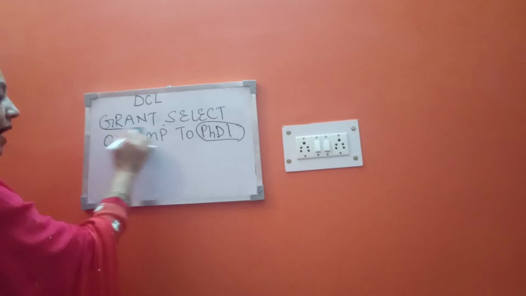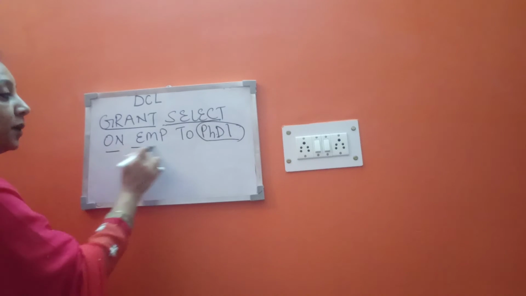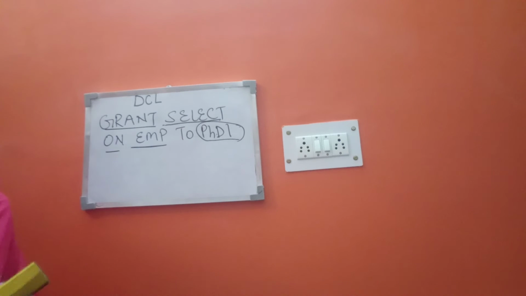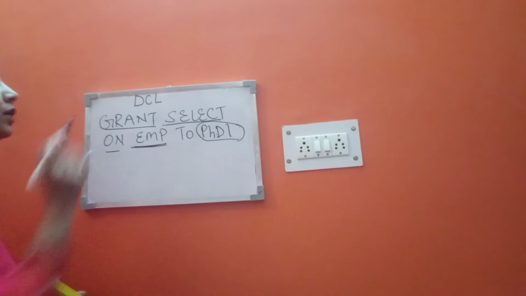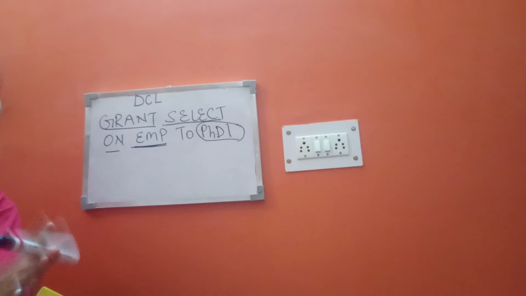So I will say grant what permission? Select permission on which particular table. Now our database will have various tables. I may not want that user to have access to all the tables. So I will specify on which particular table. I will not say that for the entire database you give him the select permission.